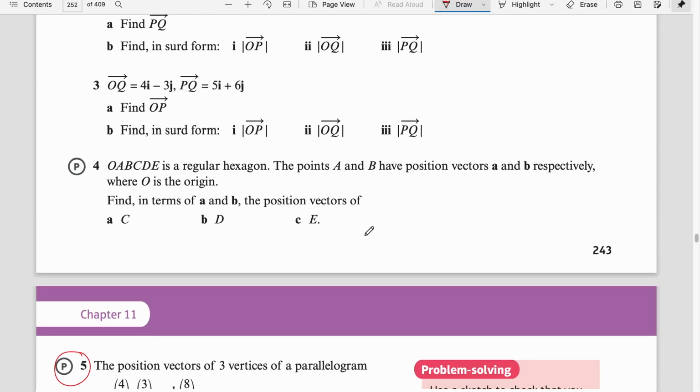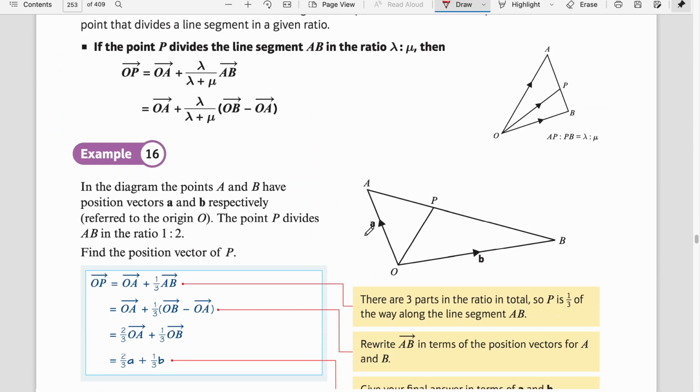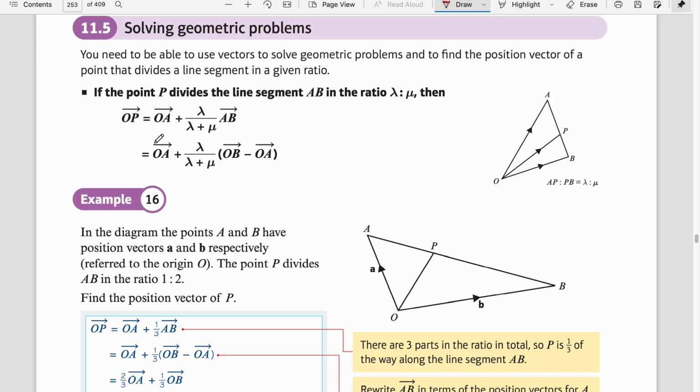Okay, position vectors, magnitudes, unit vectors, directions, and geometric problems. This is basically the ratios, the lengths. If we just consider this diagram, AP ratio PB, it says this is lambda, this is mu, unknown. So a simple formula, if you have to solve for OP, follow the diagram and the algebra both.